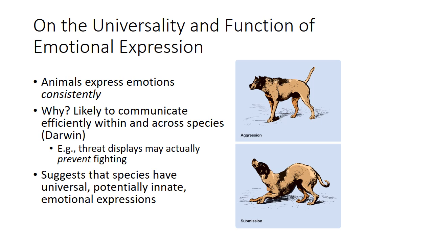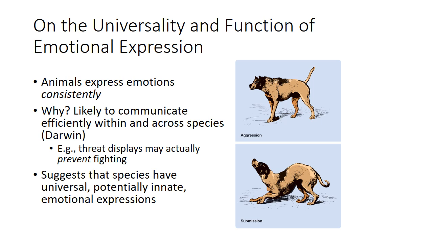Because even an aggressive dog is better off if it doesn't fight, because it might get injured even if it's the stronger dog. So displaying emotions is a good way to stay alive.